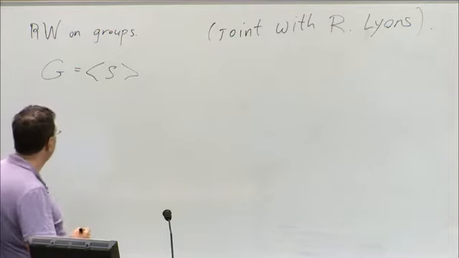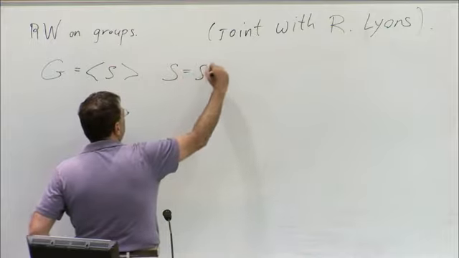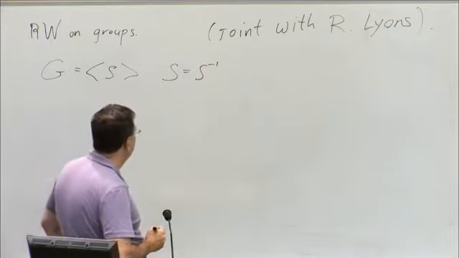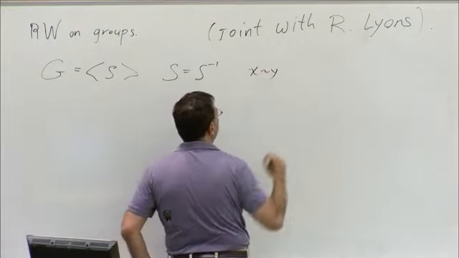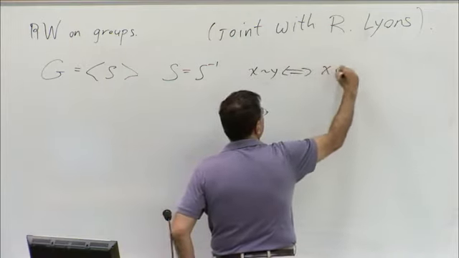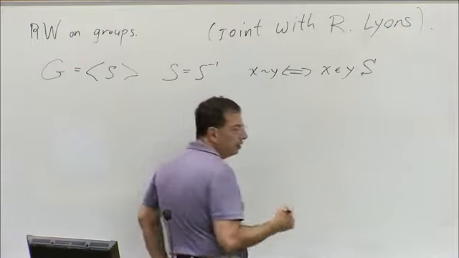So S is a finite set of generators, and it's symmetric. And there is the usual Cayley graph, where X is a neighbor of Y if and only if X is in Y times S. So this is the right Cayley graph.